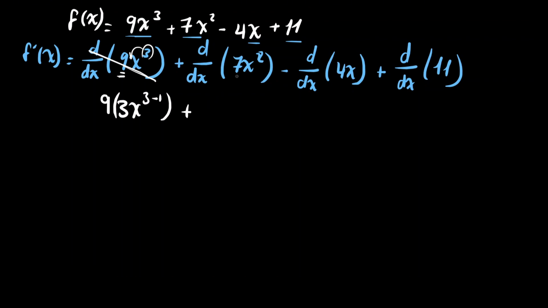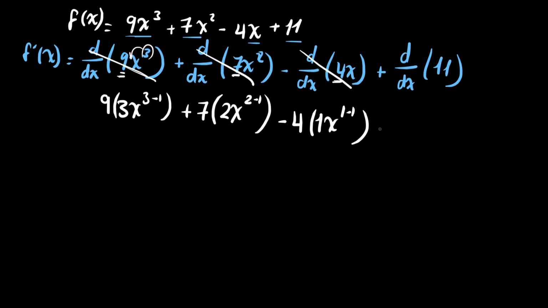Plus, here the coefficient, we're just going to keep it, open brackets, 2 multiplied by x to the power of 2 minus 1. We are done with this. Minus the derivative of this, which is 4 multiplied by 1, x to the power of 1 minus 1, and we're done with this. And you know that the derivative for any number or any constant is 0, so plus 0. So we're going to multiply 9 by 3.